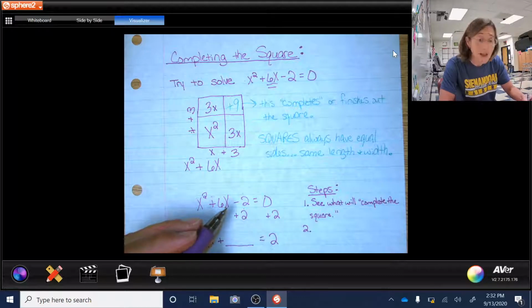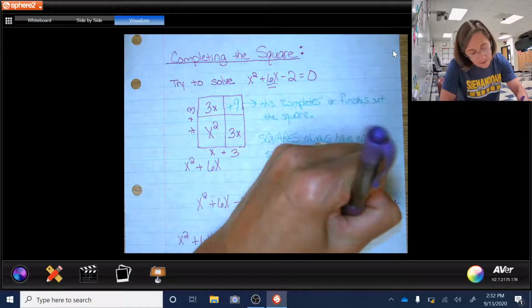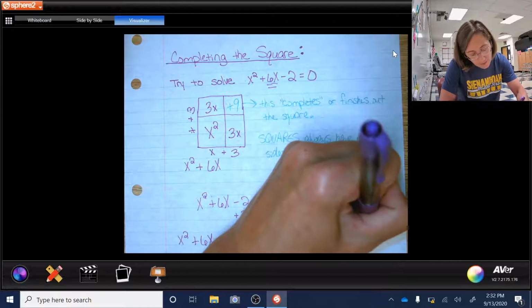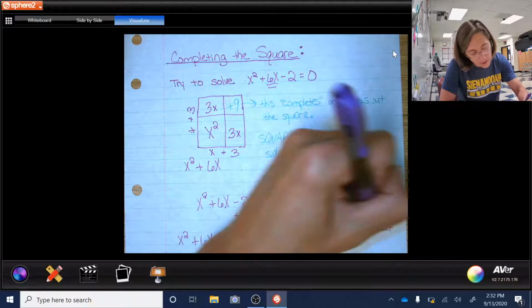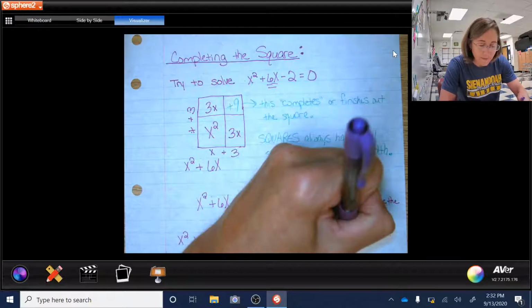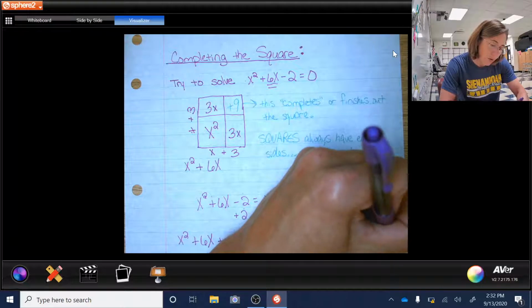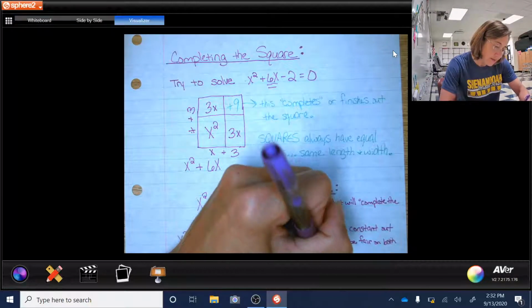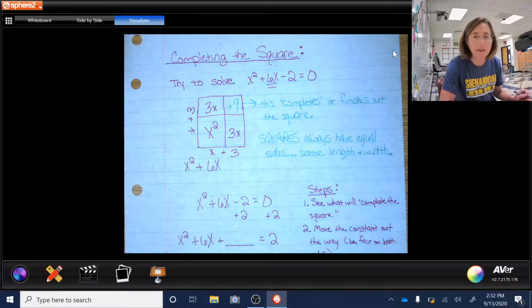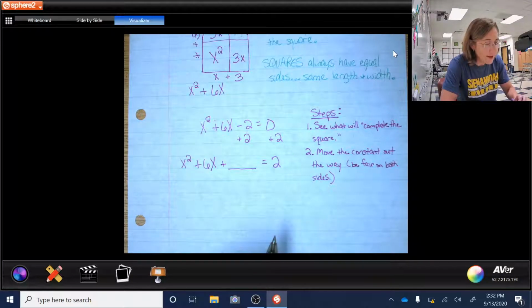And the minus 2 was not it. So move the constant out of the way. And of course, be fair on both sides. I'll put that. Be fair on both sides, because we always do that in solving equations. That's nothing new there. Okay, so I move the 2 out of the way. And so what will complete the square is the 9.